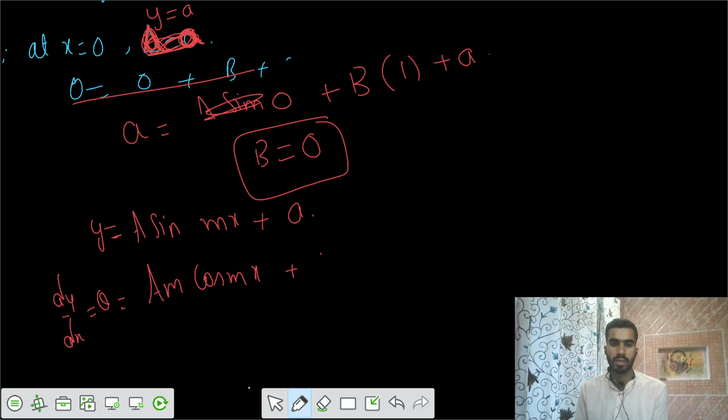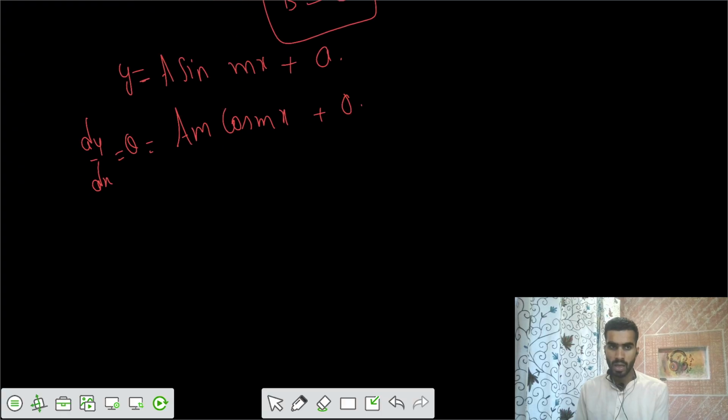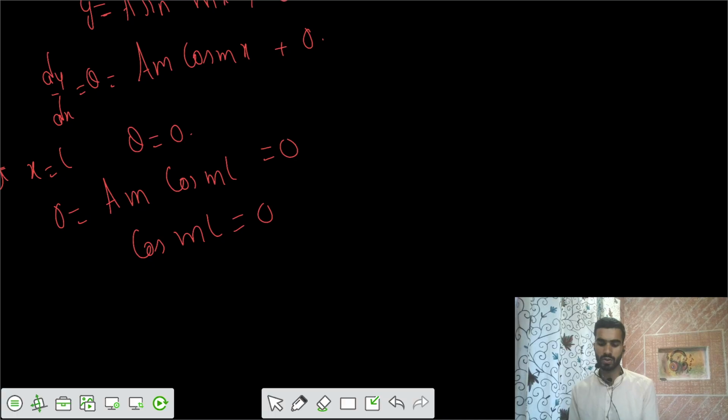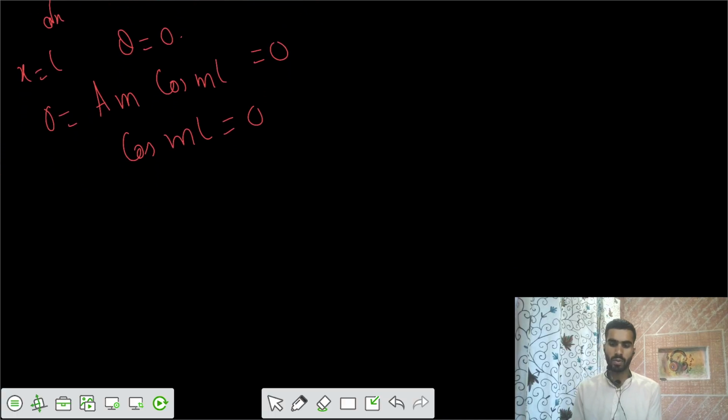At x equals L, your theta is 0. So 0 equals A m cos mL. So A m cos mL equals 0. That means cos of mL equals 0, because A m cannot be 0. Otherwise the entire values of x would have the same amount of deflection, that is 0, which is impossible. So cos mL equals 0.